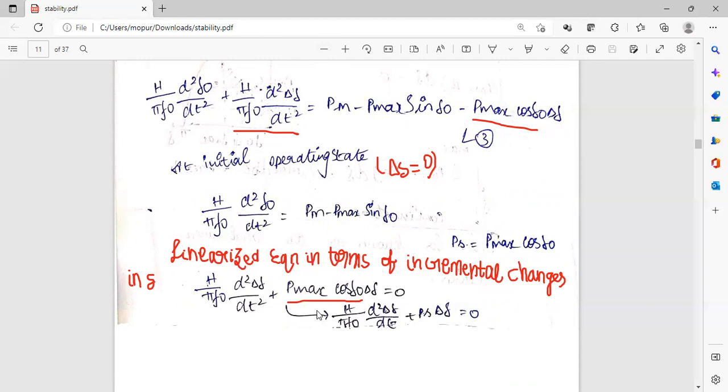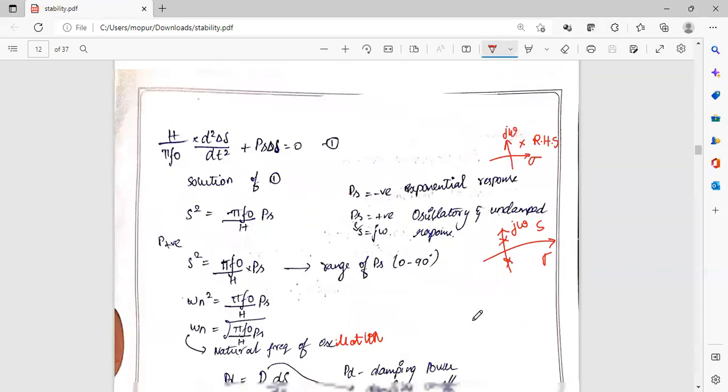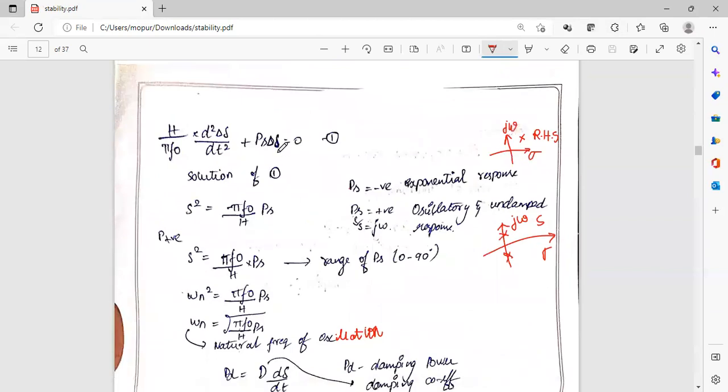Now this Pmax cos del naught can be written as Ps. So H by pi f naught d square delta del by dt square plus Ps delta del is equal to 0. So now this is the equation we got.